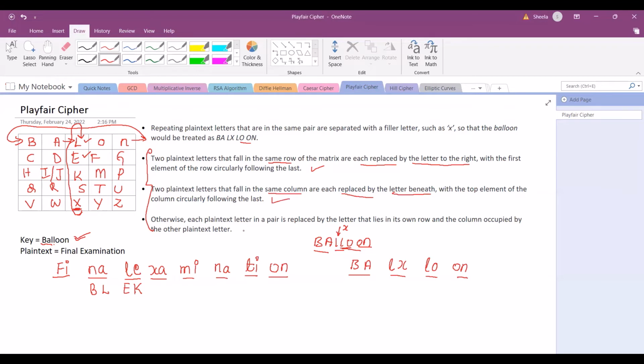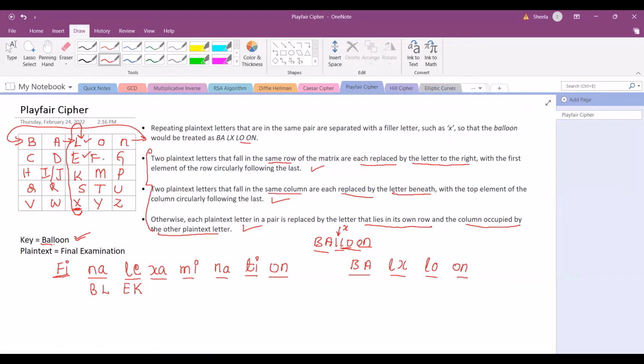And the fourth rule is, when we consider a pair of letters that are not in the same row and not in the same column, we have to replace each with the letter that lies in its own row and in the column occupied by the other plaintext letter. Let me consider the first digram, FI, which falls in this fourth-rule category.